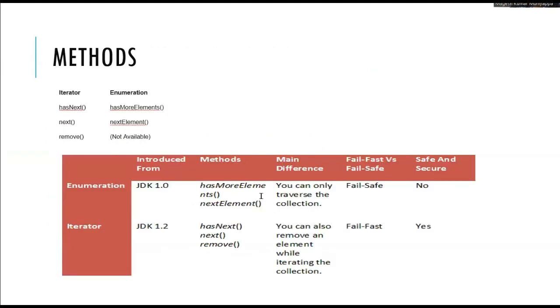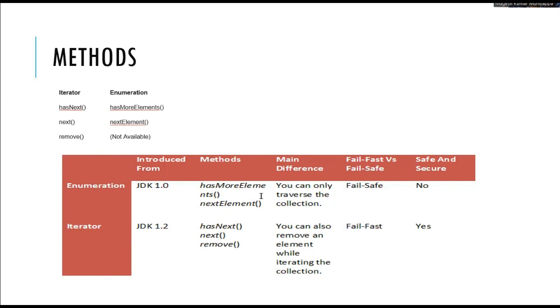So let's see what methods are present in these two interfaces. Iterator has hasNext, next, and remove, whereas enumeration has hasMoreElements and nextElement, and there is no remove method.